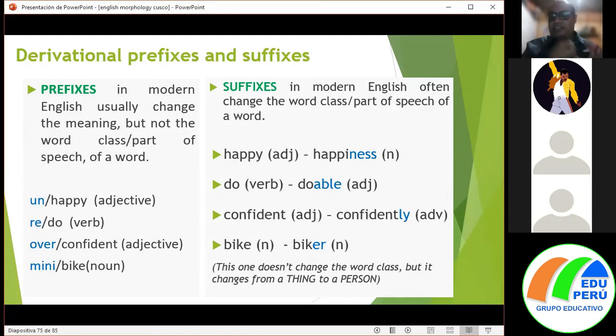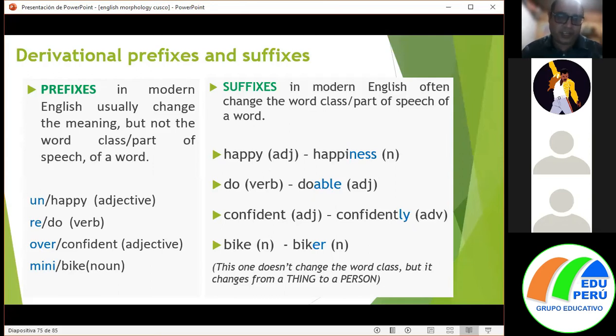So we call this, remember, derivational morphemes. Derivational morphemes could be prefixes and suffixes. Don't forget the difference between inflectional and derivational morphemes. For inflectional, we have just a group of 8.